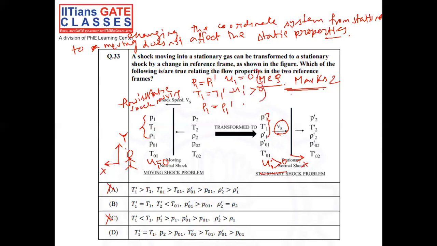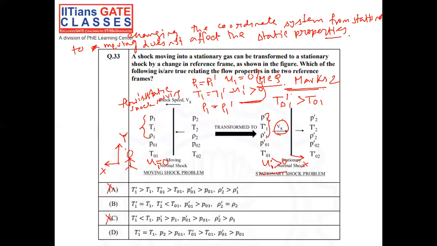From this condition we can easily figure out that the total temperature T01 dash will be greater than T01, right? Because T1 and T1 dash both are equal, but U1 dash is greater than 0 and U1 is 0.